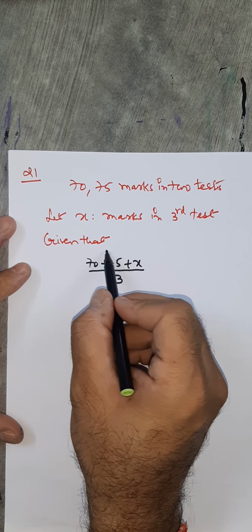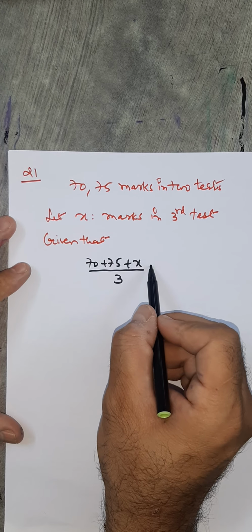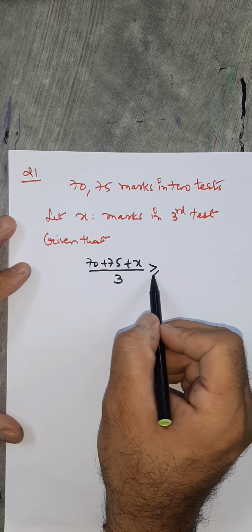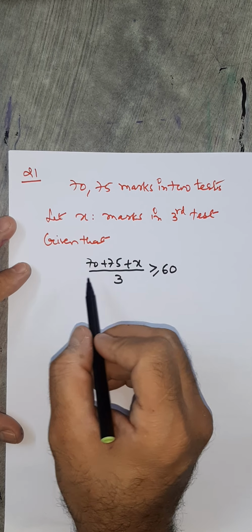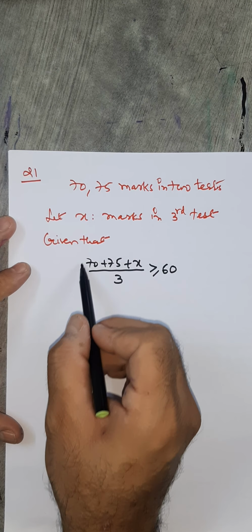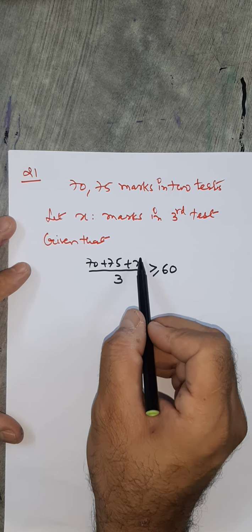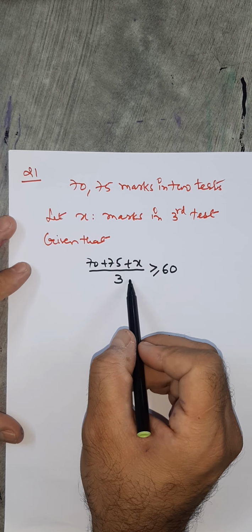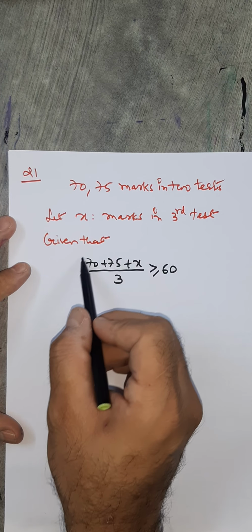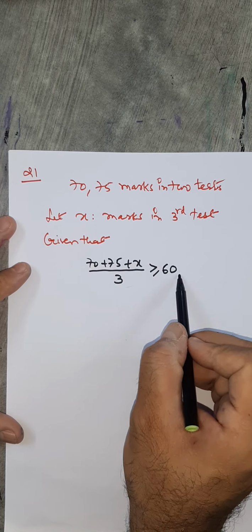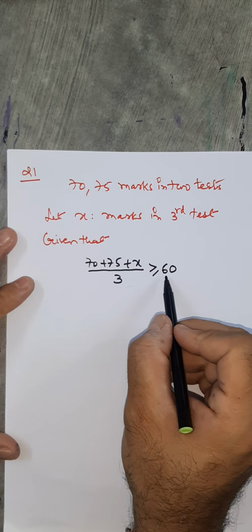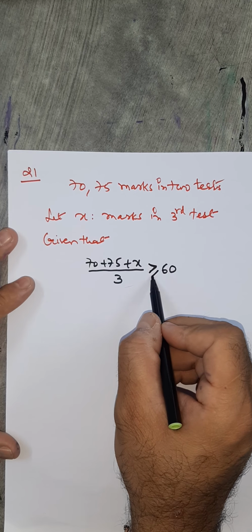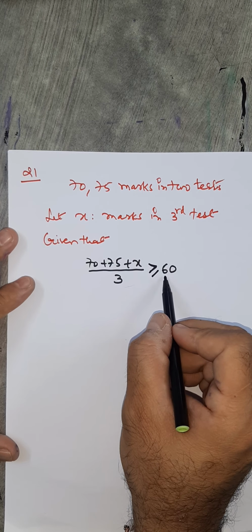"At least 60" means what? What comes here should be 60 or more than 60. Remember, right? This is given: the average of these subjects should be at least 60. At least means what? Either it should be 60 or greater than 60. There is a word "at least", that's why you have inequality. It is not given that it is exactly 60.